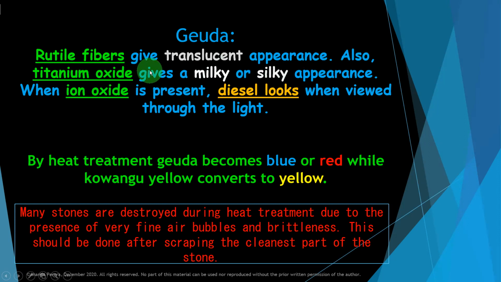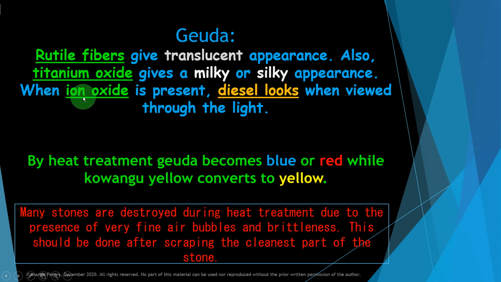We can convert that titanium oxide to blue color when heating. Titanium is joining with the iron inside the blue sapphire and creates the area colored by this titanium plus iron oxide. So titanium oxide gives milky and silky appearance, and gives more vivid blue.